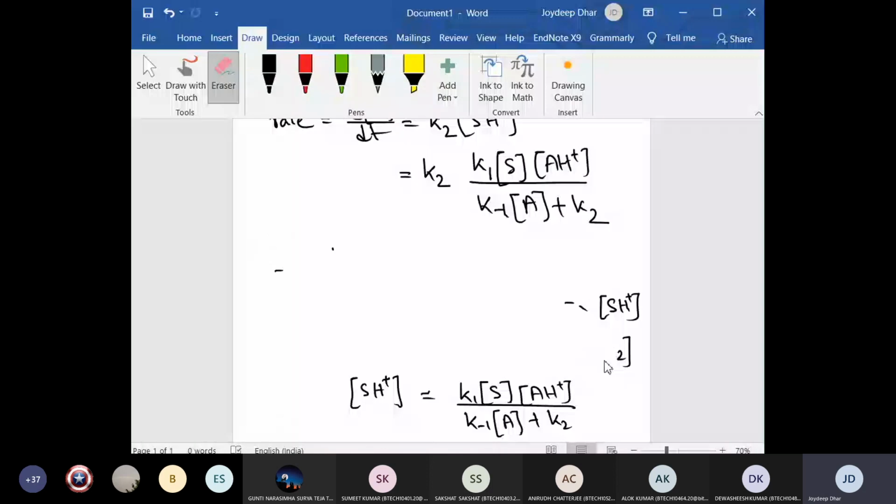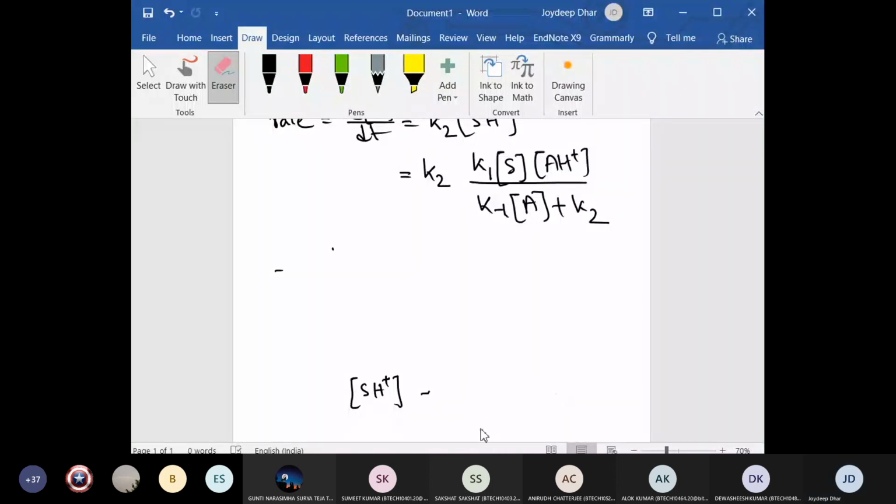Now you can further rearrange. I can consider two cases from here.